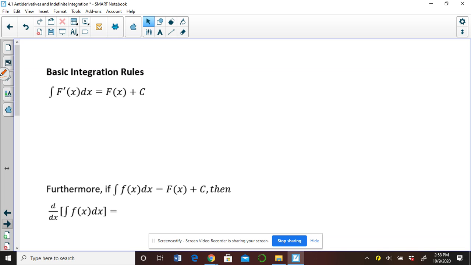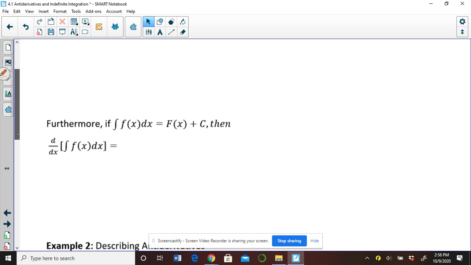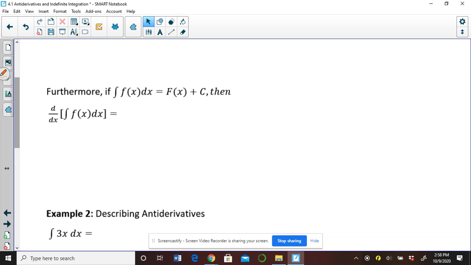So then the derivative of an antiderivative: if you find the antiderivative and then you differentiate it again, that'll leave you with f of x. That's because if you take the derivative of this piece, d dx of the antiderivative plus c, c goes to 0, and the antiderivative goes back to the initial function you integrated. So that's why it's equal to f of x.